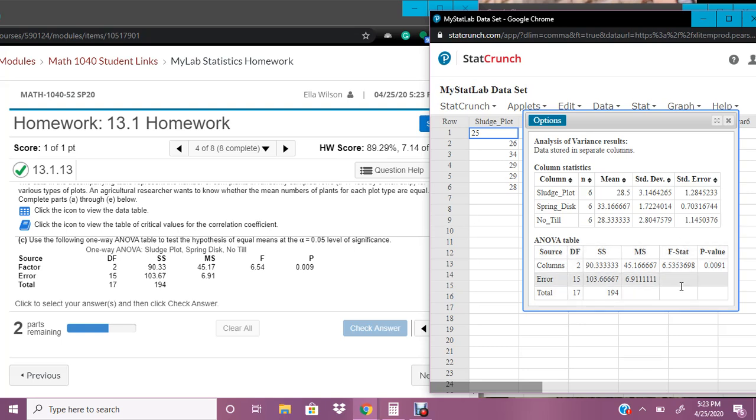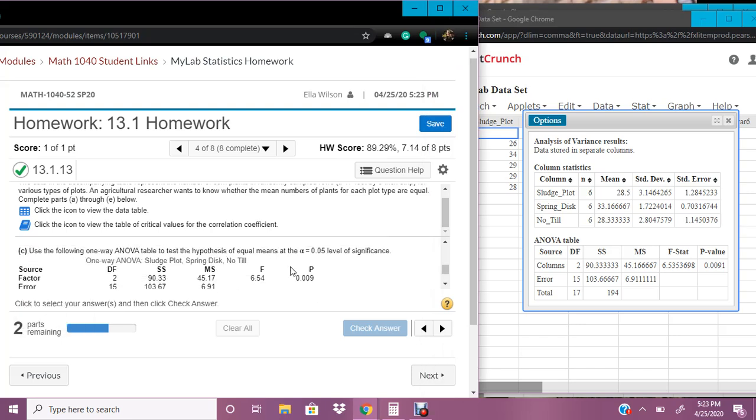Think of the F-stat like the t-stat in chapters 10 and 11, or the chi-square number from chapter 12. And then our p-value is always going to be our p-value. And these are the same numbers that we have here. And I don't know, it might ask you about the degrees of freedom, but I don't know if it'll ask you about these two.